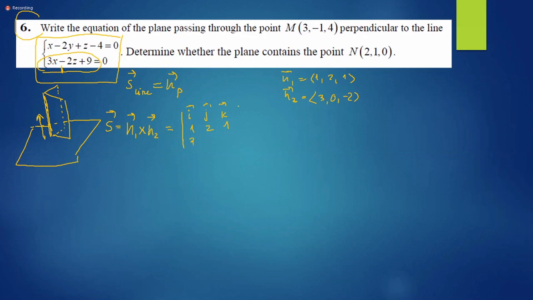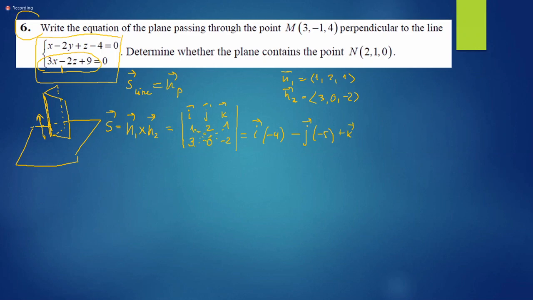And now we have i times minus 4 minus 0, so it's minus 4, minus j. Remember before j we had a minus. Minus 2 minus 3 is minus 5, plus k times 0 minus 6, that's minus 6.